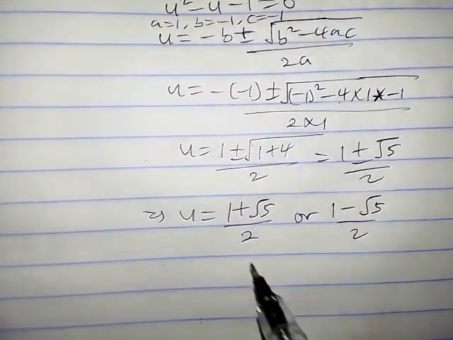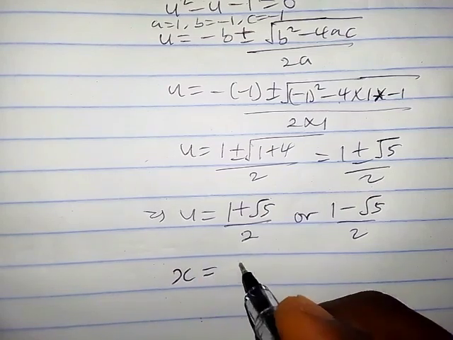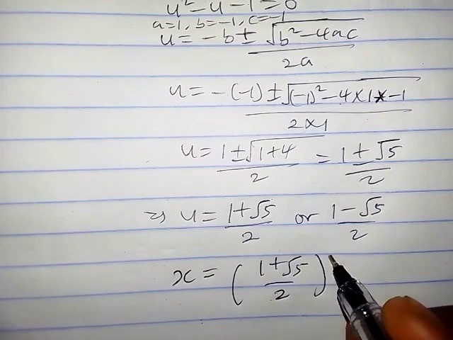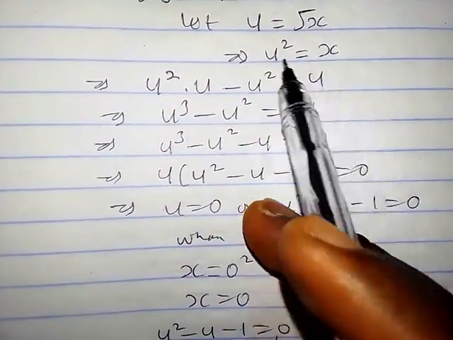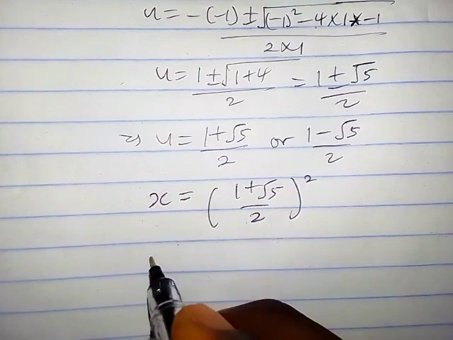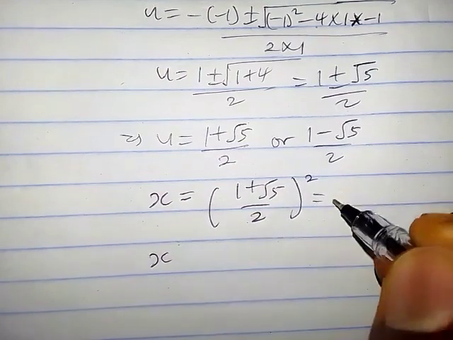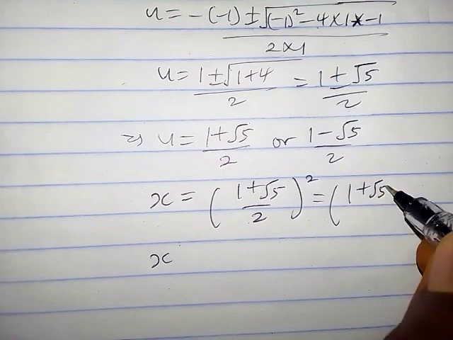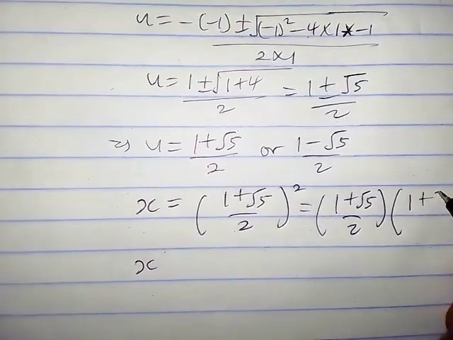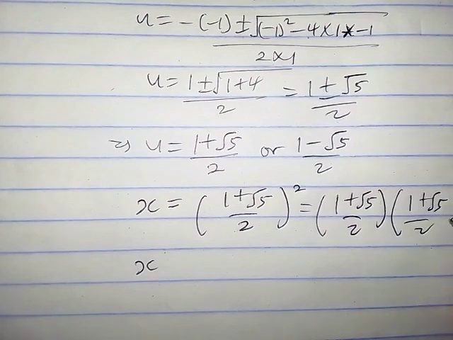So we're going to have x equals ((1 plus square root of 5) over 2) all squared. That is the value of x from this expression. And we can write this as (1 plus root 5) over 2 times (1 plus root 5) over 2.